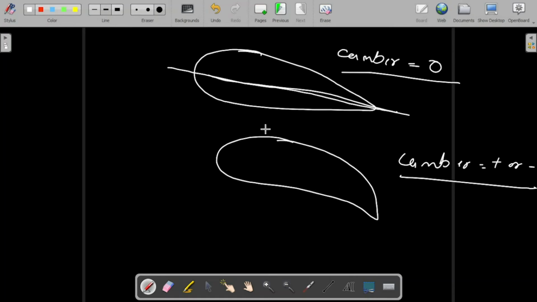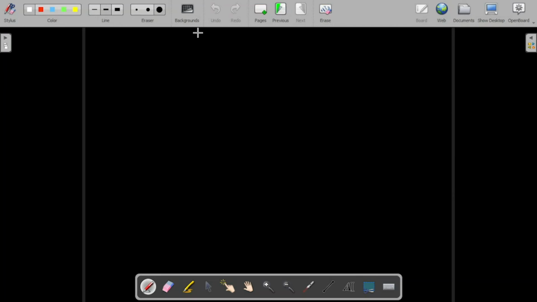Now, coming to the end of the video, I'll tell you the relation between aerofoil lift generation and the angle of attack. First of all I'll define the angle of attack.